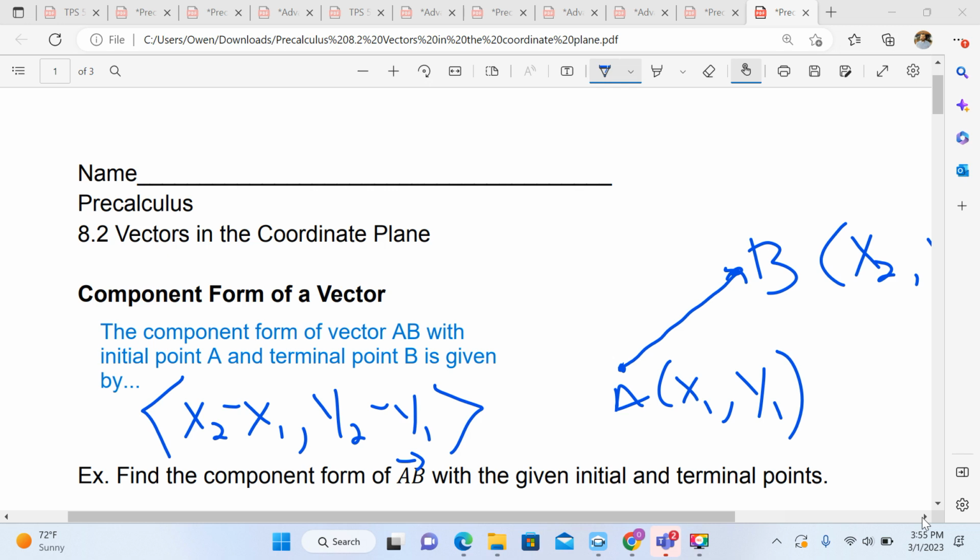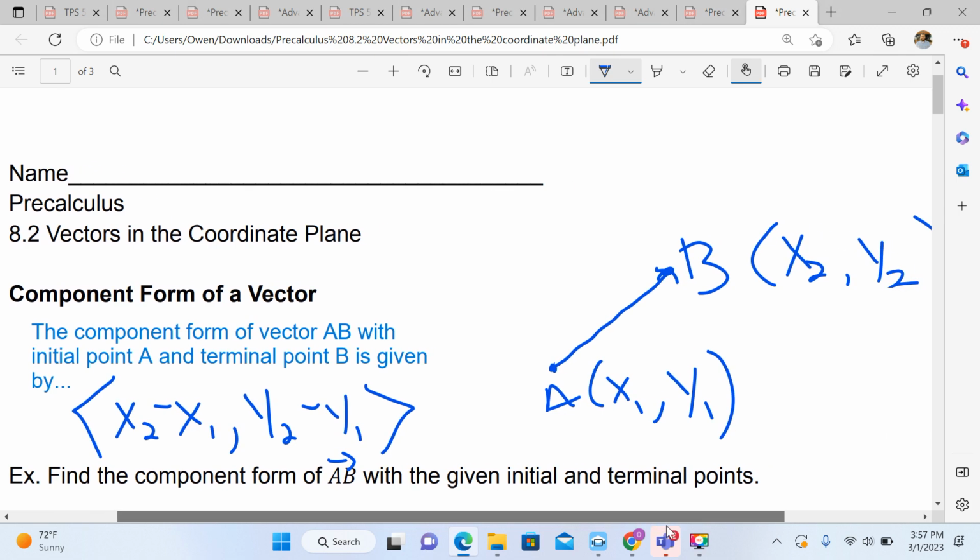So first off, can we get those values of a vector? This right here is the component form of a vector. If I'm giving you 2 points, like we have a point A right here and a point B right here, initial and terminal point, take x sub 2 minus x sub 1, meaning the x value of the terminal point minus the x value of the initial point, and then do the same thing with the y values: y value of the terminal minus the y value of the initial.